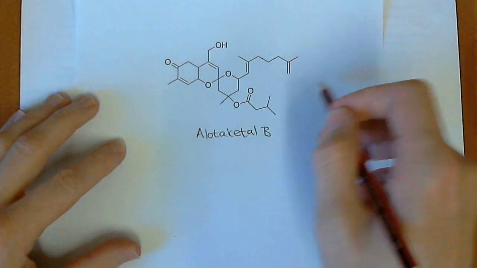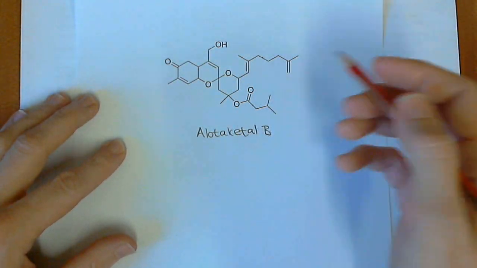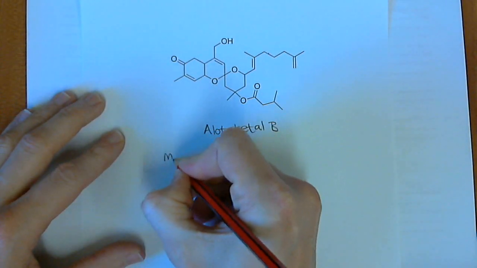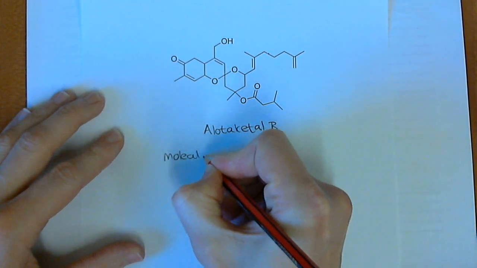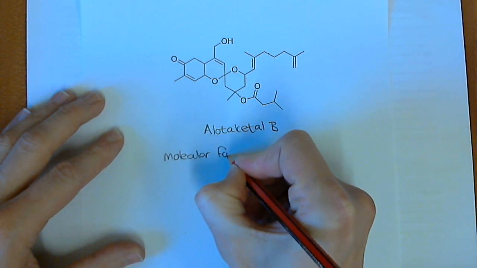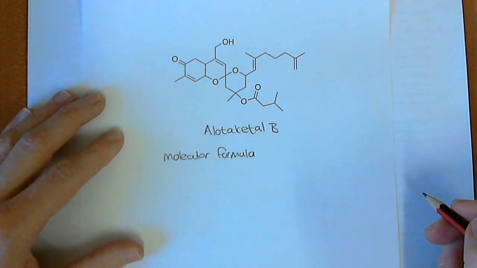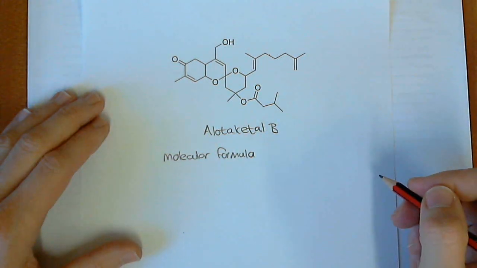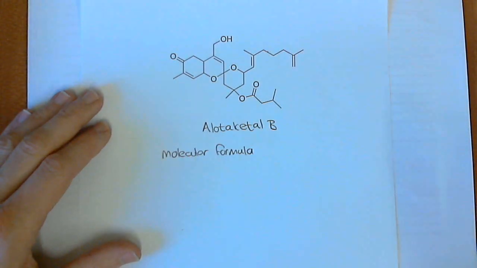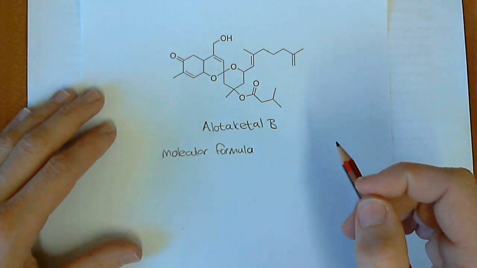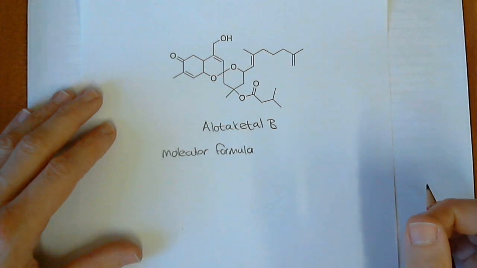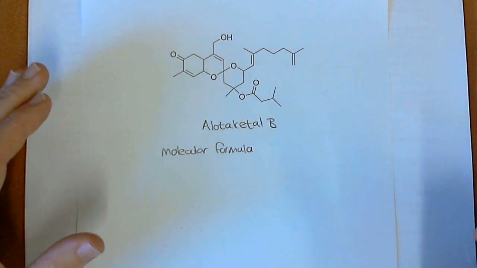You would be expected to be able to give the molecular formula. You would typically be asked to indicate how many pi electrons there are, whether there are any conjugated double bonds, and various things like that.